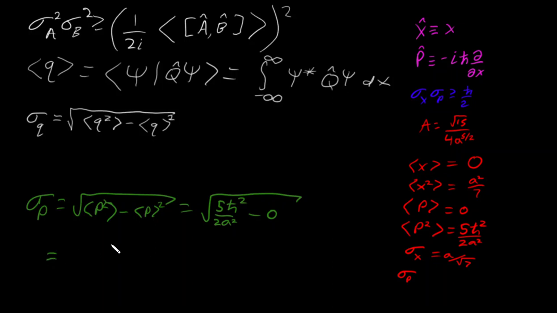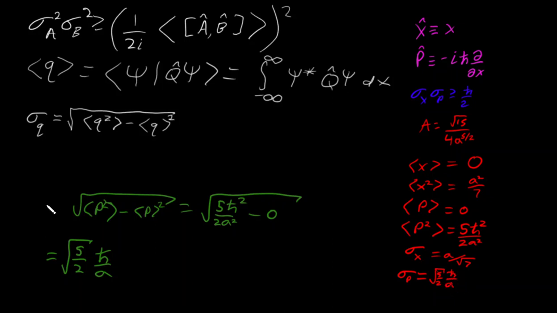So this is the square root of 5 over 2 times h bar over a. So this is equal to the square root of 5 over 2 times h bar over a.